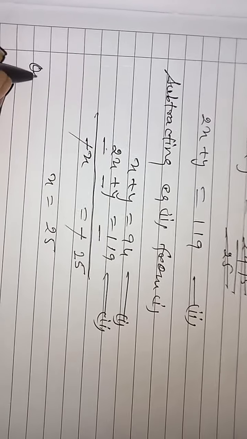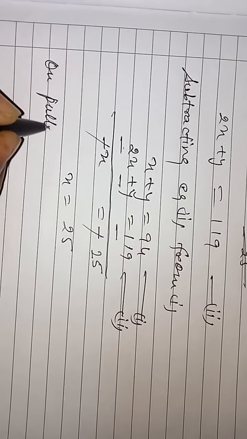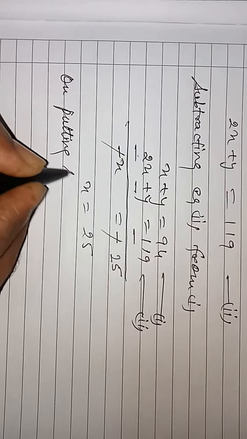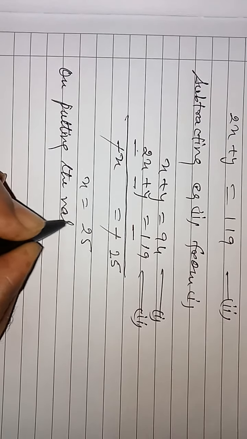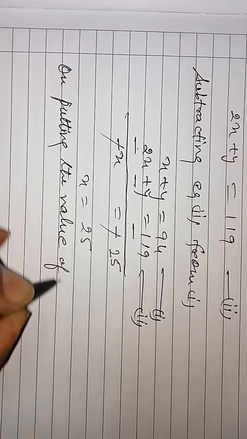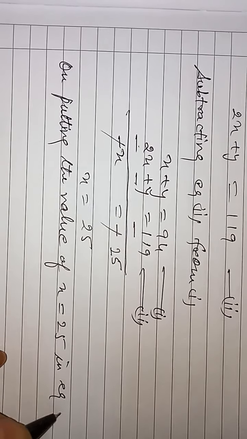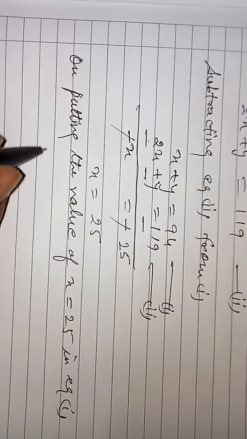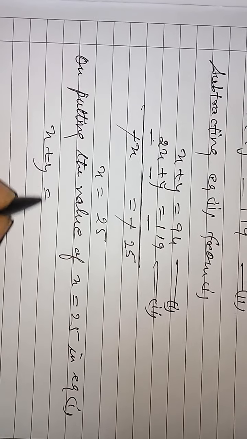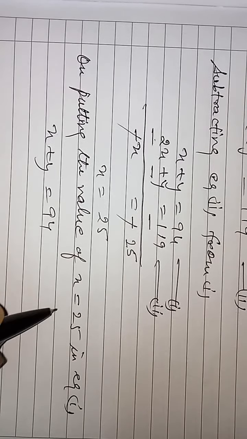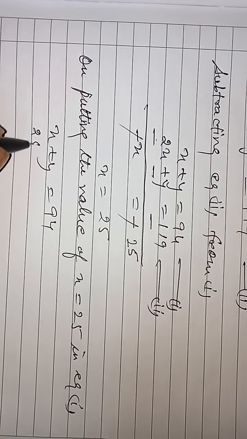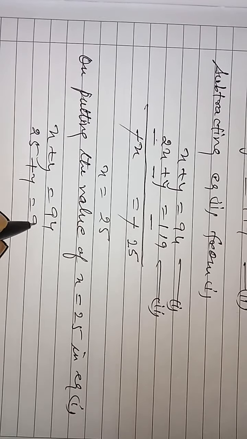Now on putting the value x = 25 in equation first. Equation first is x + y = 94. At the place of x we put 25: 25 + y = 94.